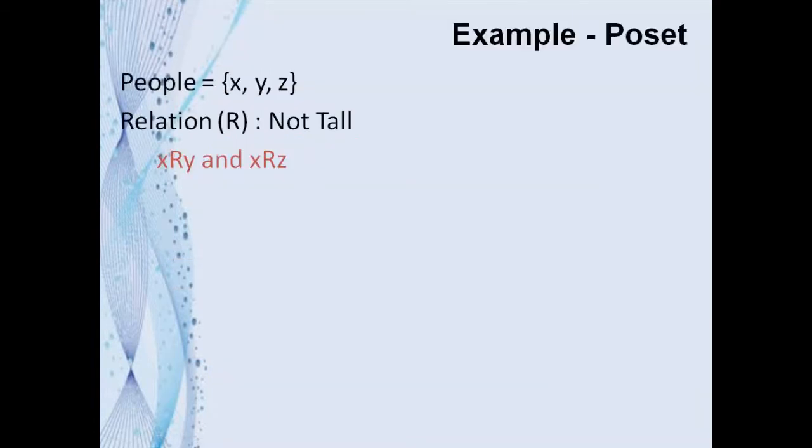Here we have the set of people x, y, z, and the relation we are defining on it is "not taller than". Here x is not taller than y and then z. Now we have to check whether this relation R forms a partial order. The first one is reflexive. Here the person x is not taller than x. Is it right? Yes, it's given. And the second one is antisymmetric.